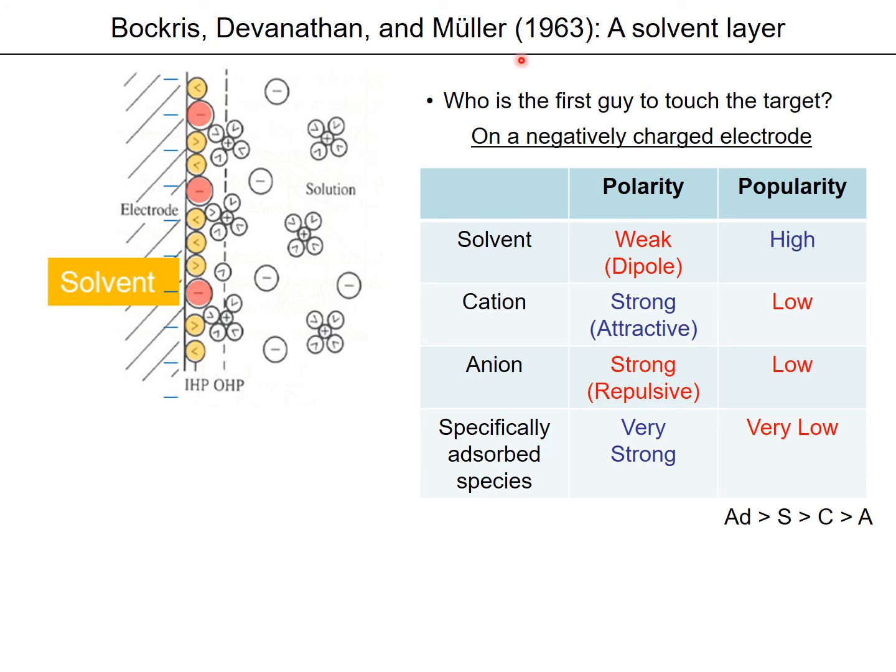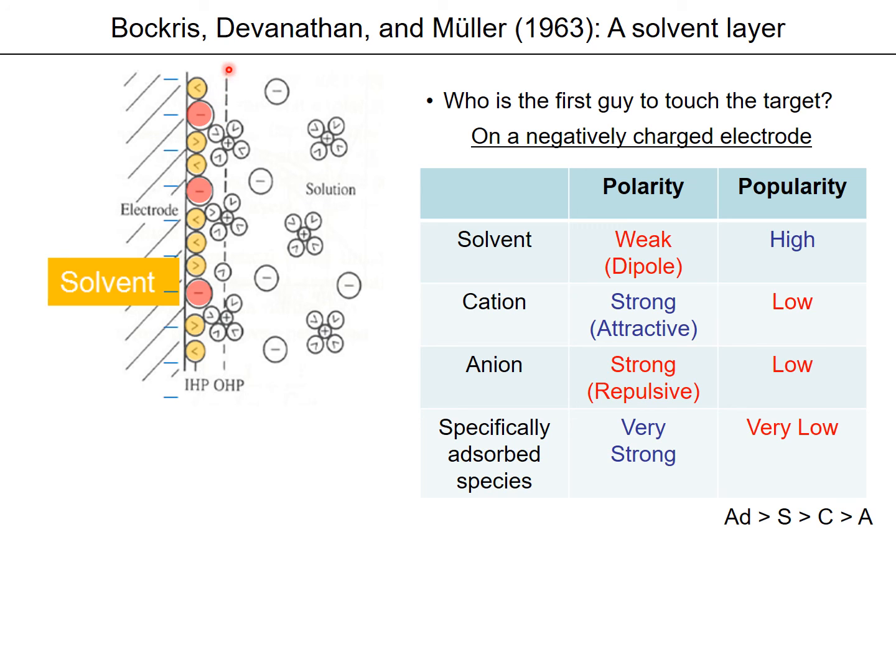So finally, we have returned to the very first pictures of this chapter. We have two layers, the Helmholtz and diffuse layers. In the Helmholtz layer, we have two different sublayers. The first sublayer is the solvent molecule layer, sometimes having the specifically adsorbed anions.